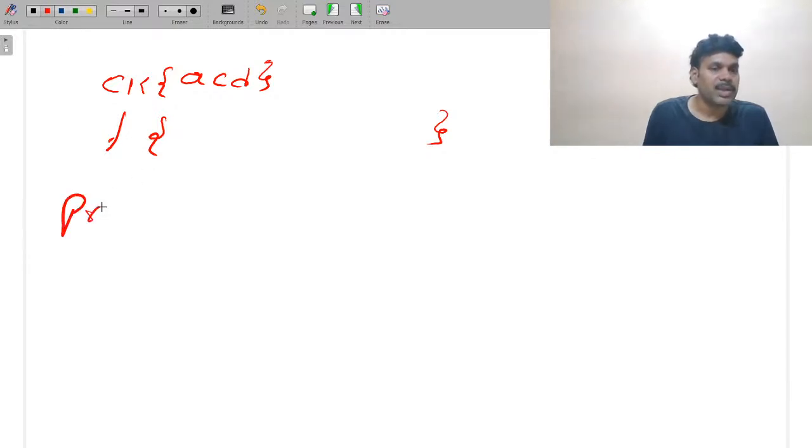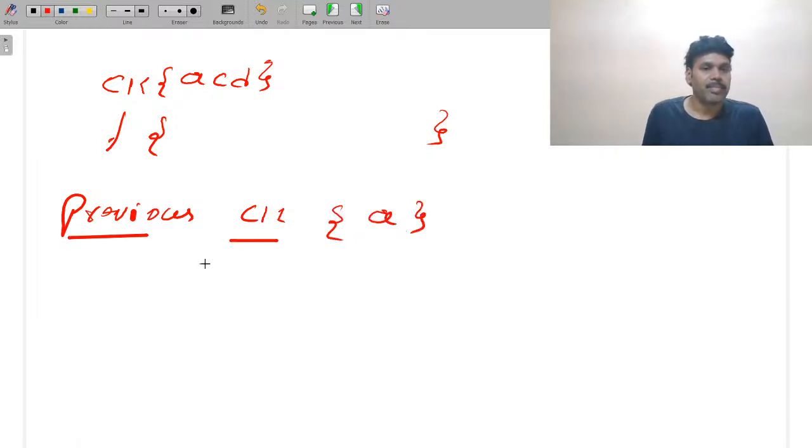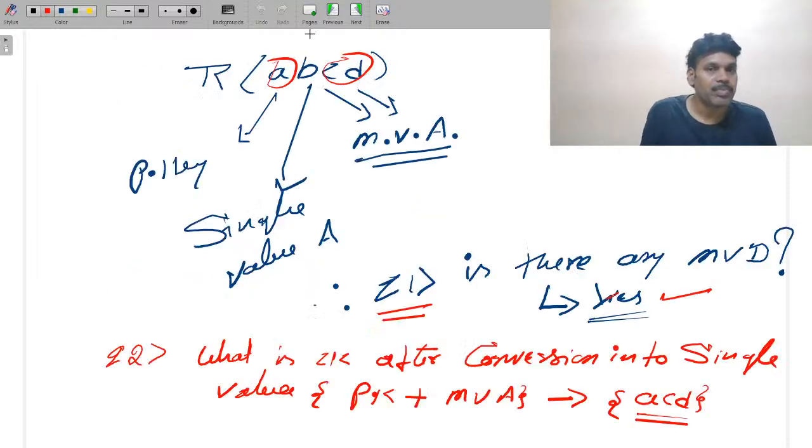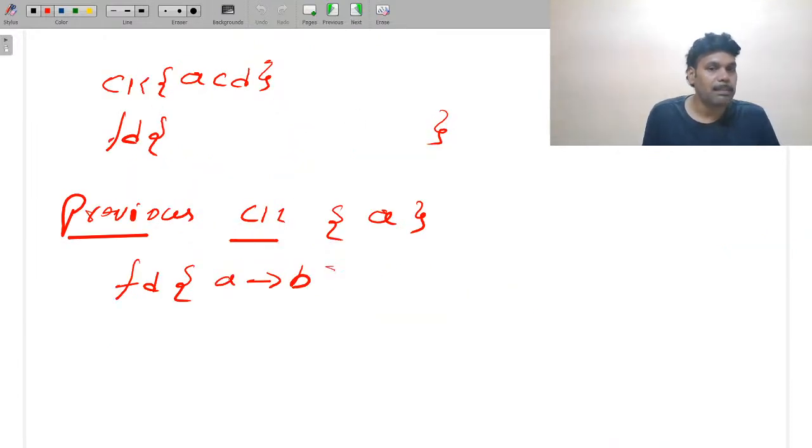The previous functional dependency is A implies B, because A cannot derive C and D as they are your multi-value attributes. As we learned, multi-value attributes never depend on any other attribute, even though it is a candidate key or a super key. There is only one production, that is A implies B.